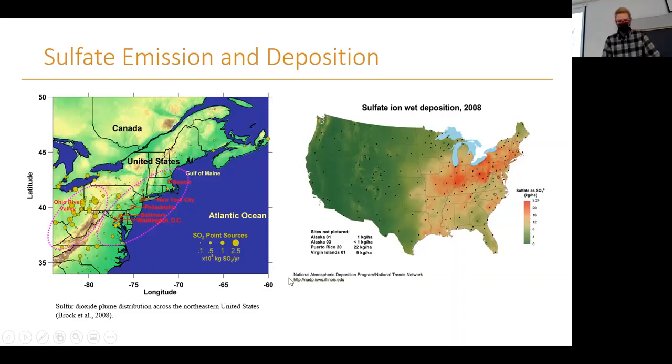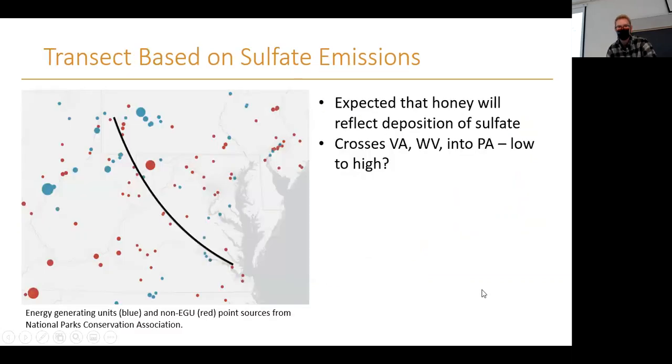So based on these data, I am building my own transect, expecting that sulfate is going to be higher in those red zones, in those areas of high emissions.